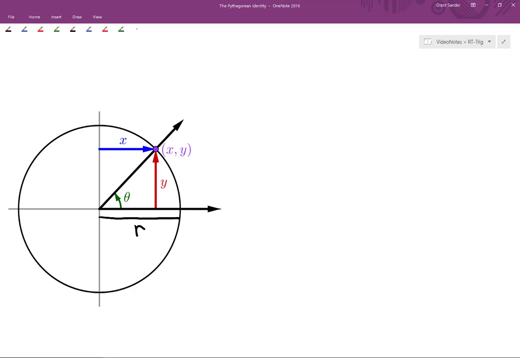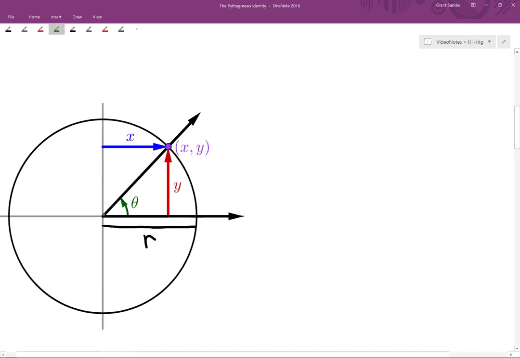So we see a right triangle in this diagram. The hypotenuse is that segment from the origin, or the center of the circle, to the terminal point. We have a horizontal side with a length of x, and a vertical side that has a length of y units. And the hypotenuse of this triangle is r units long because the radius of the circle is r units long.